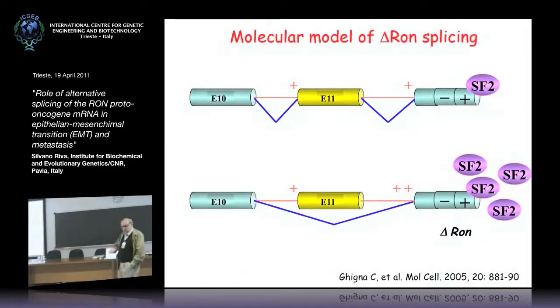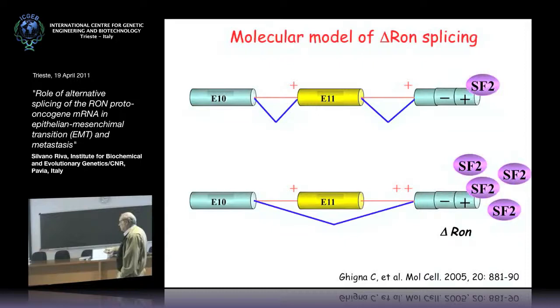So after we did a lot of work, we discovered that the choice between this kind of splicing, in which the exon 11 is included, and the other one in which the exon 11 is excluded, is determined by two sequences which are present in the downstream exon, exon 12. In the downstream exon, you have an enhancer of splicing, you have already heard about it, and a silencer of splicing.